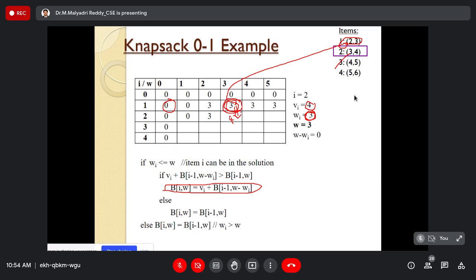ఓకే. Next this one, already how much included in this? 3, sir. 2 కదా previous గా weight ఎంత? 3, sir. Profit is 3, weight is 2, sir.